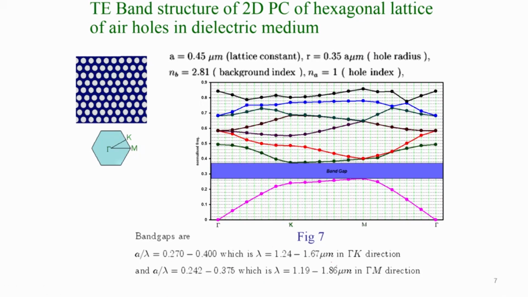You have these band gap properties. In the gamma-K direction you have 1.24 to 1.67, and in the other direction you have 1.92. So, you observe that in the different directions it has different properties, and we have to choose the crystal parameters properly in any given design.